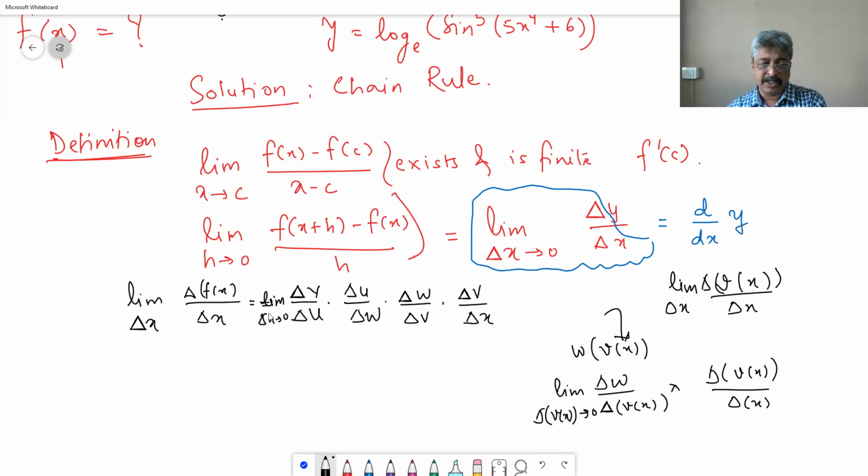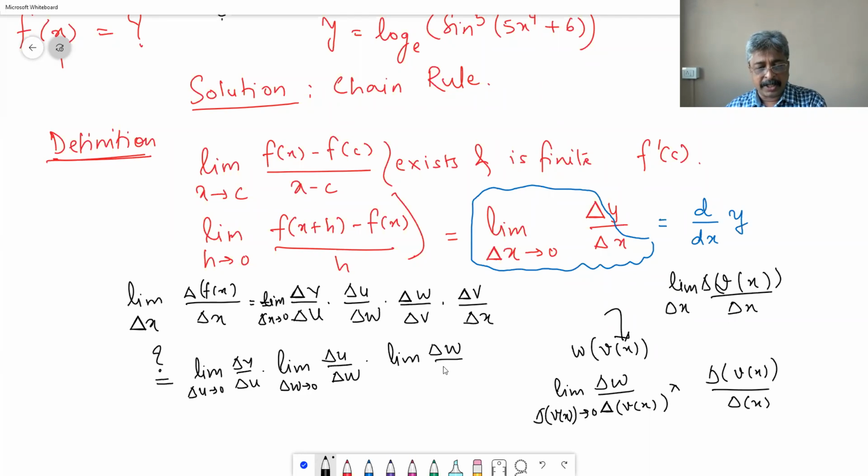If this is the chain that I am producing, will I be able to say that this is equal to limit delta y upon delta u as delta u tends to 0, into limit delta u upon delta w as delta w tends to 0, into limit delta w upon delta v as delta v tends to 0, into limit delta v upon delta x as delta x tends to 0.